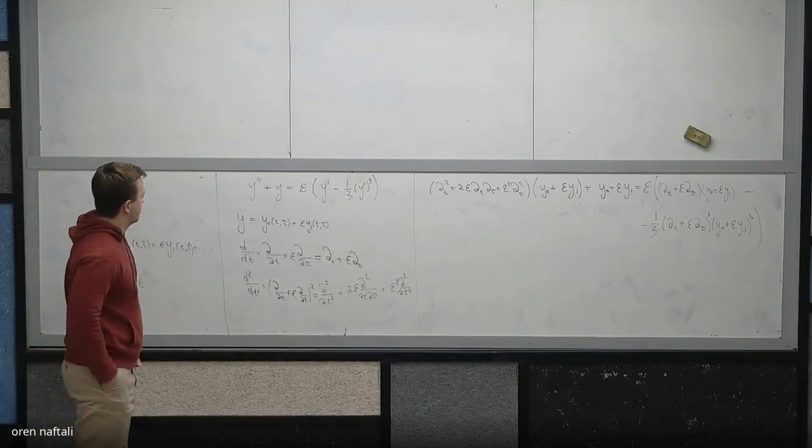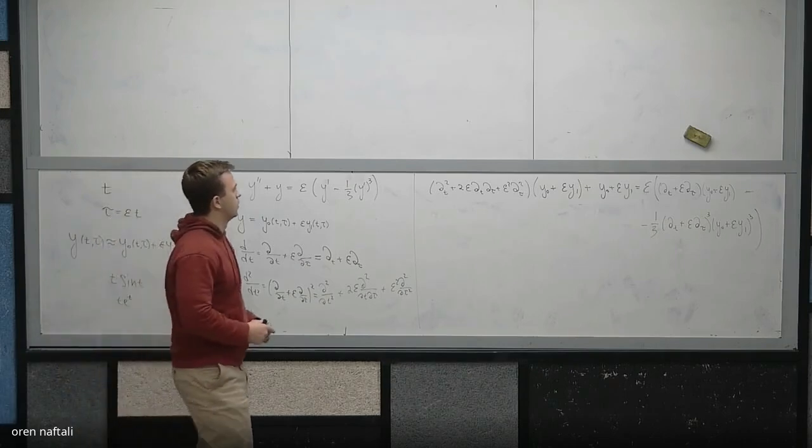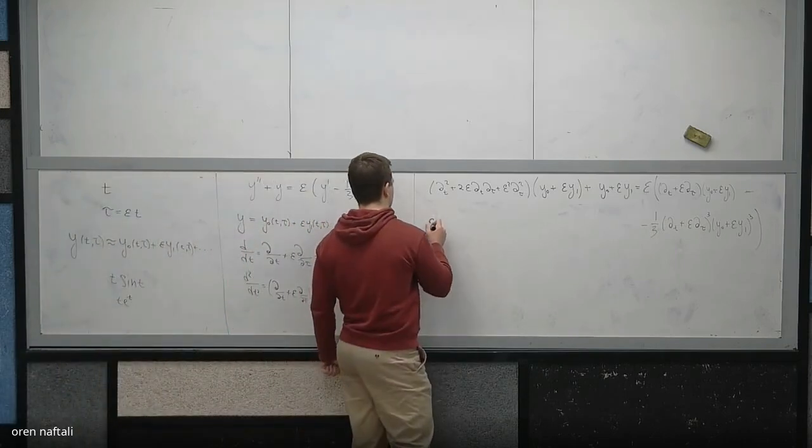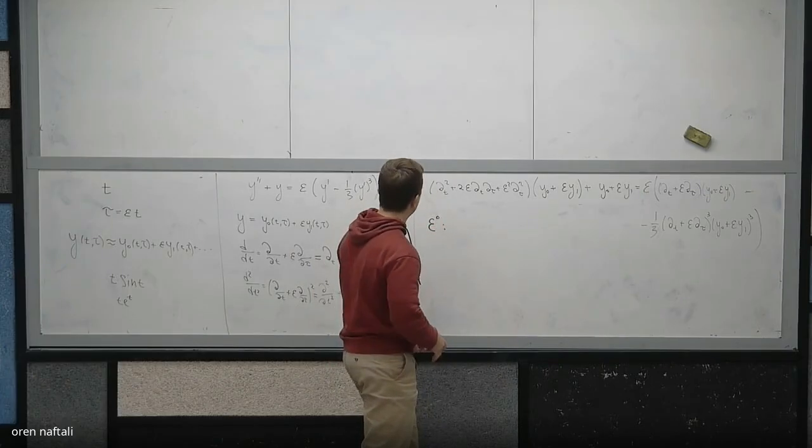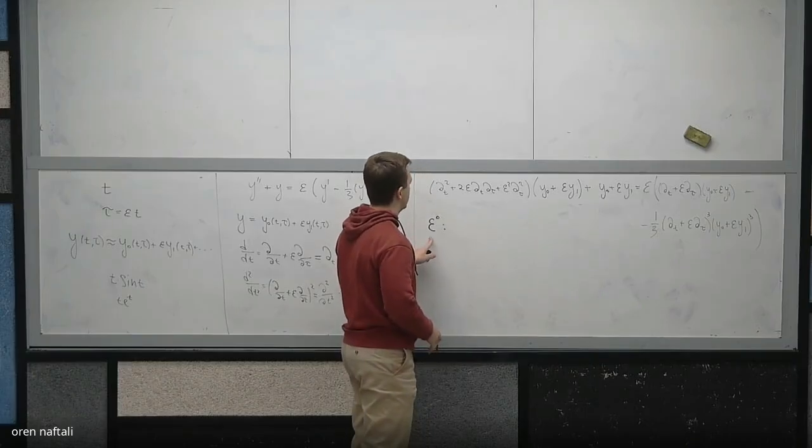Now I need to write the same equation for epsilon to the power of 0 and for epsilon to the power of 1. So let's collect the terms.